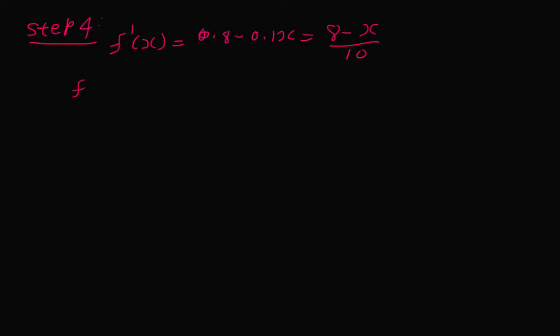So you can set this equal to 0. Then you will get (8 minus x) divided by 10 equals 0. So solve for x. So x equals 8. So this is the x value at the maximum f(x).